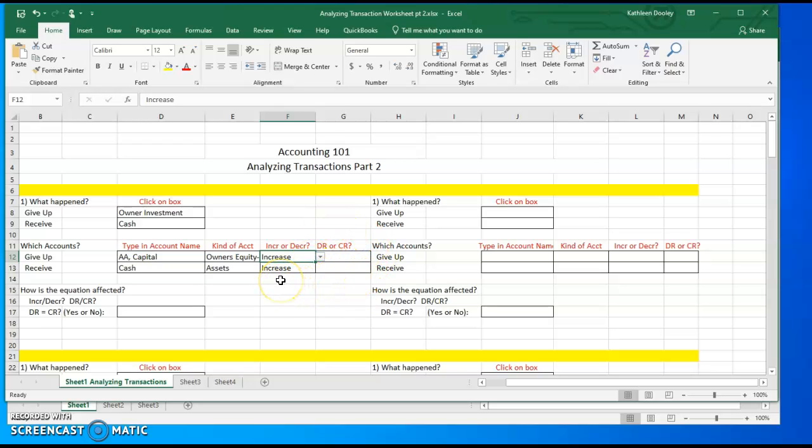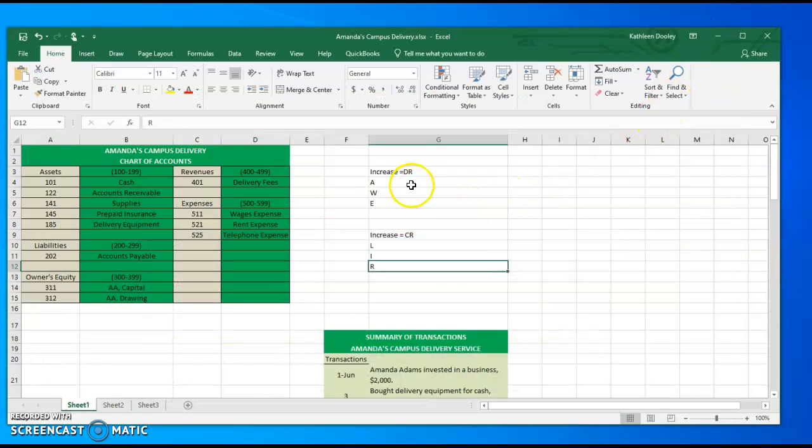And here's where we have to look at our debit credit chart. I have an increase in an asset and an increase in owner investment. So I go here, I find asset, I go to the top, and I say, do I have an increase? Yes, there is an increase, so that means I am going to use debit for the increase in asset.